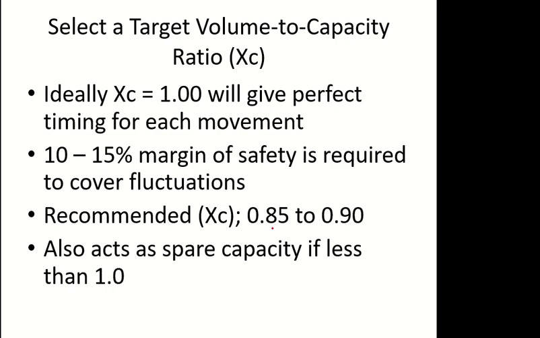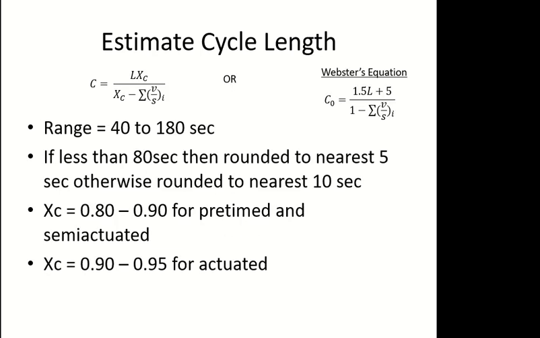That means V by C ratio is 0.85 to 0.9. 10-15% from 1, right? 1 is absolute equality. So we need some extra capacity. How much extra? 10 to 15%. That means the V by C ratio will be 0.85 to 0.9. Okay, so having V by C ratio of 1 is very risky.